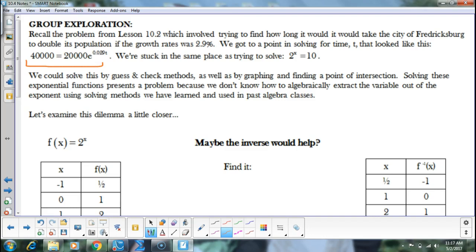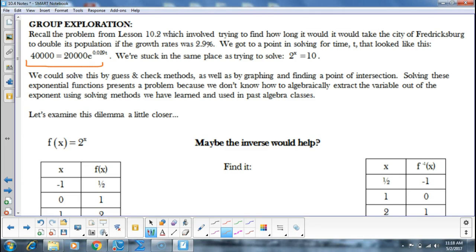Well, that's the same thinking as this 2 to the x equals 10. Last week, we solved it by guessing and checking. Actually, I think we put it on the graphing calculators and we got the intersection. We could have also done it how you guys just did it with guessing and checking.